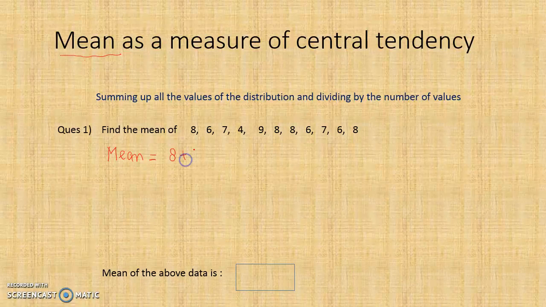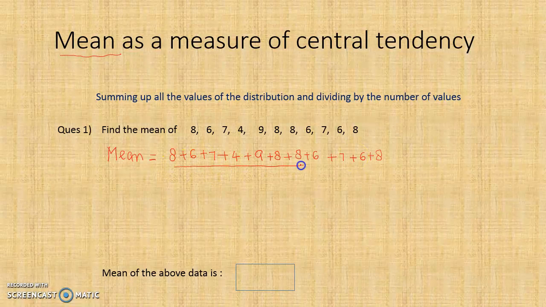So 8 plus 6 plus 7 plus 4 plus 9 plus 8 plus 8 plus 6 plus 7 plus 6 plus 8 and divide all these values by the number of values. The number of values over here is 11 because I have 11 entries, 11 observations.